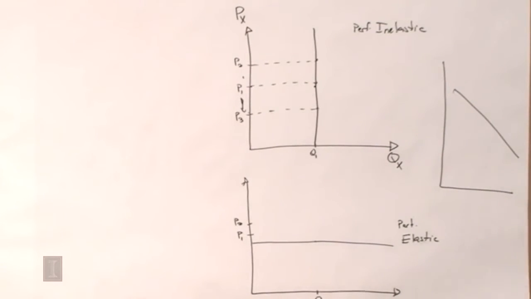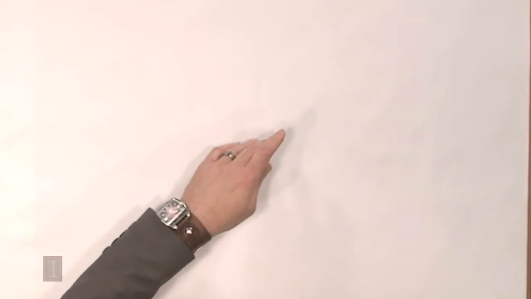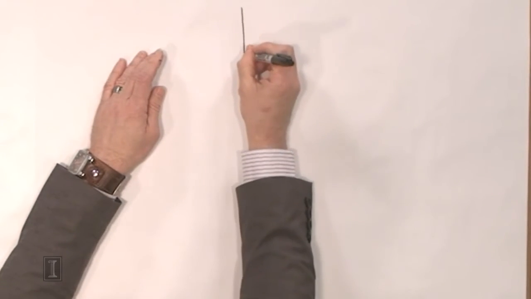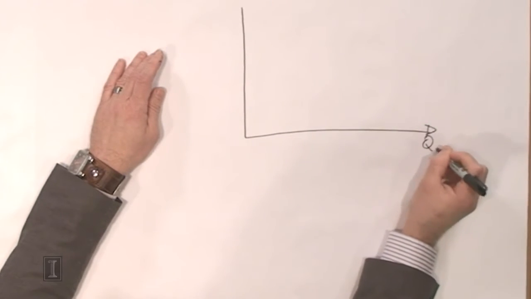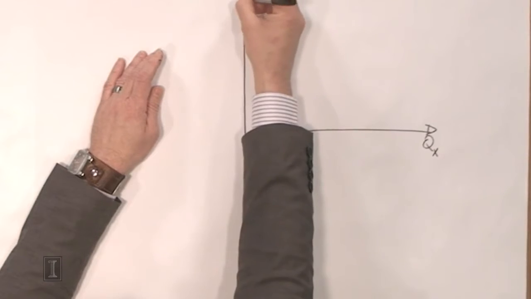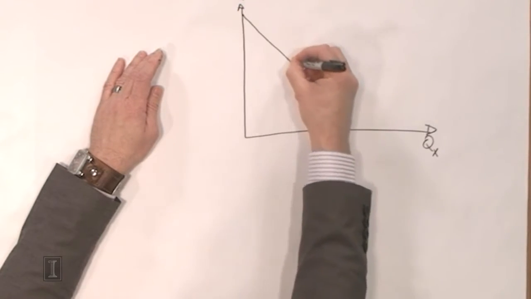Now, how about the position on the curve? Well, that's actually easier because it has to do just with the price. So what we said, again, we have the quantity demanded here and the price of the good here, and the demand curve is downward sloping like this. And what we said is that when the good is more expensive, it tends to be more elastic, and when the good is cheaper, it tends to be more inelastic, right?